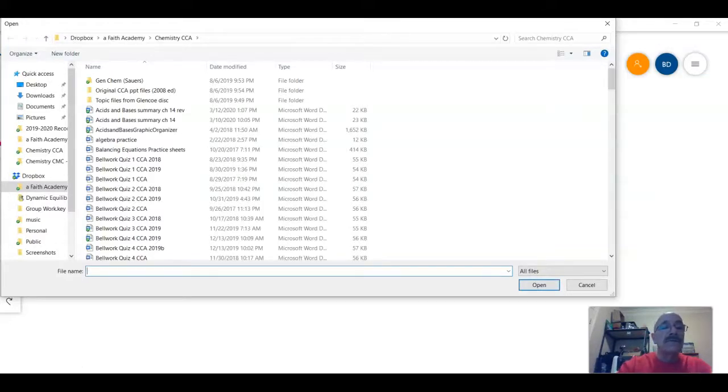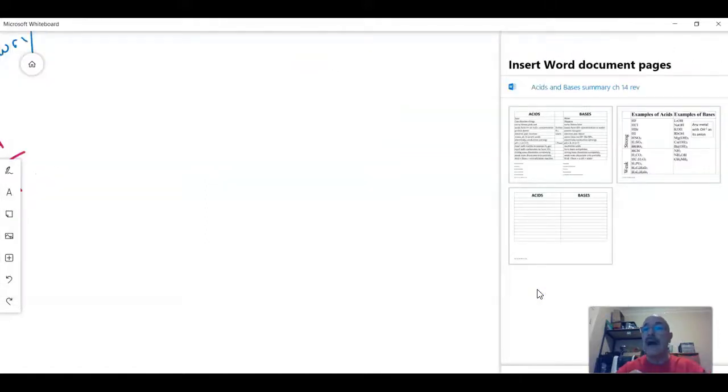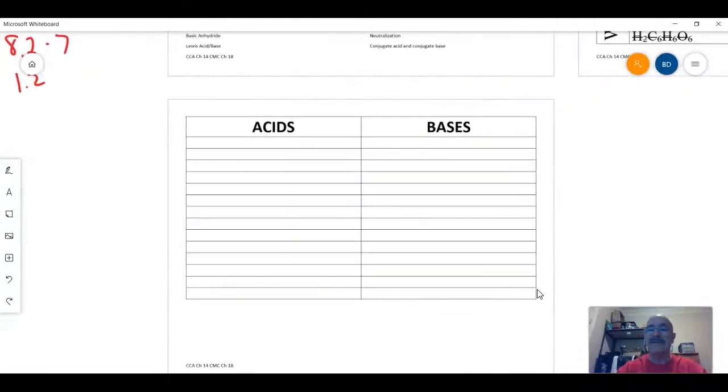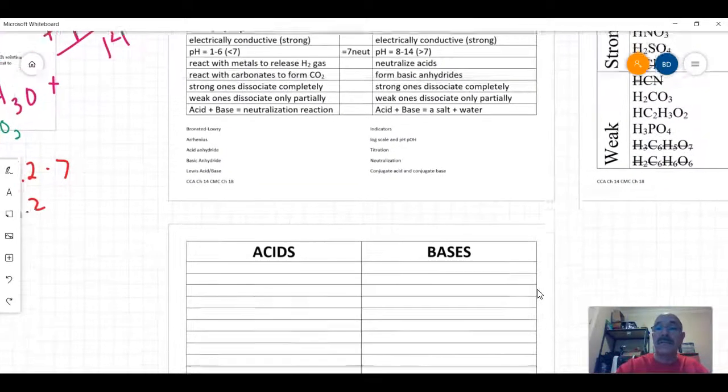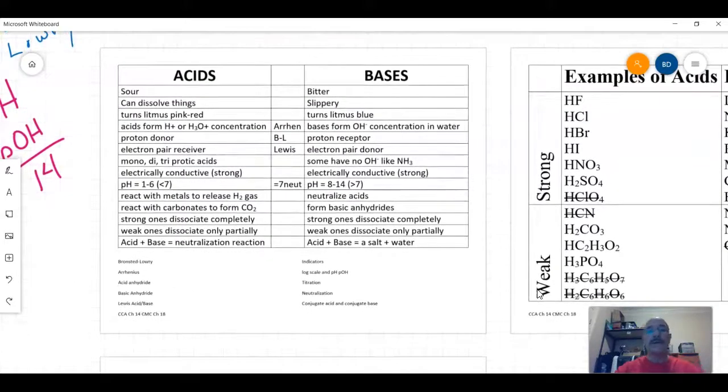So I'm going to go to Acids and Bases Summary. Nice. Aha! I only need those two. This is so cool. This technology stuff I'm really getting into, but it's frustrating at times. So just, again, bear with me in the next couple weeks. Or here we go. Look at that.